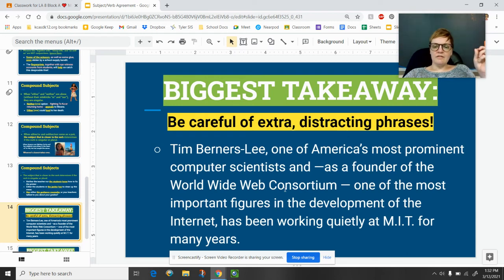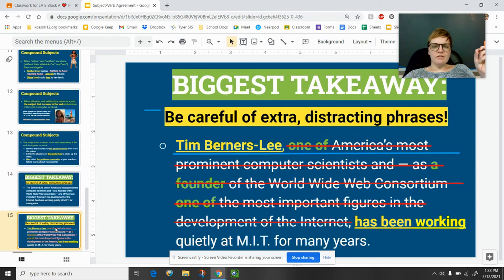There's a lot of information in here. And we don't actually get to the verb until a whole way down here. So we want to ignore everything in the middle and just make it Tim Berners-Lee has been working quietly at MIT for many years. If you tried to dig through all of this information, it might be harder to figure out what verb you need here.